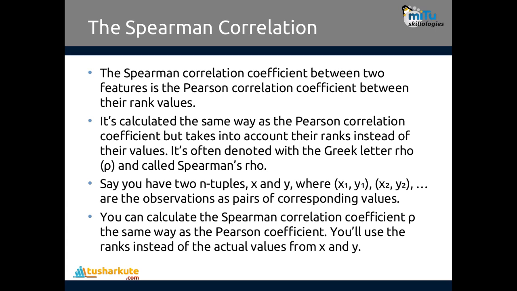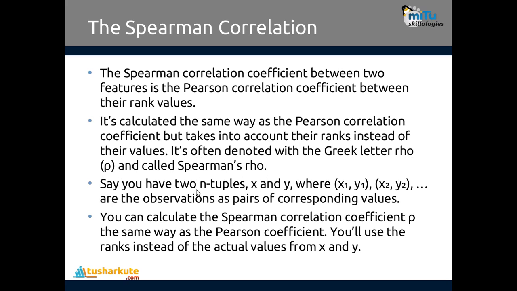Calculated means proportionality is not expected, ordering is expected. They are incrementing means incrementing. Okay, if one is decrementing in between and a deviation is present, Spearman's rho will change. It's calculated the same way as the Pearson correlation coefficient, but takes account of their rank instead of their values. Okay, and often denoted by the Greek letter rho. This one is called Spearman's rho.